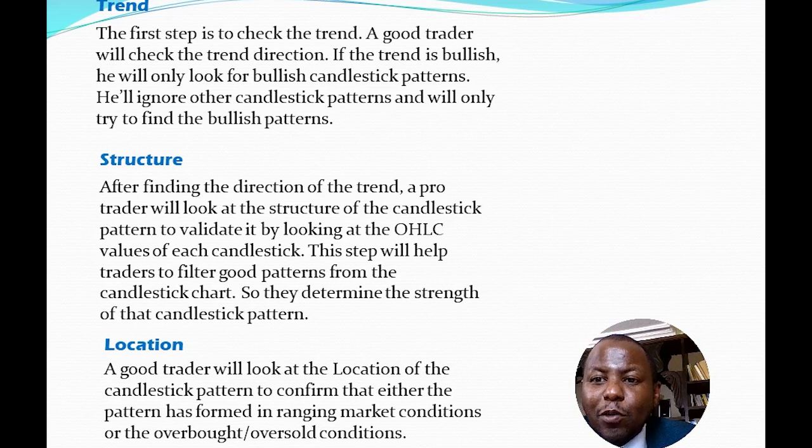If the trend is bullish, that means it's going up, he will only look for bullish candlestick patterns. So you look for bullish candlestick patterns when the trend is bullish. He'll ignore other candlestick patterns and will only try to find the bullish patterns. So that's how trend comes into play.